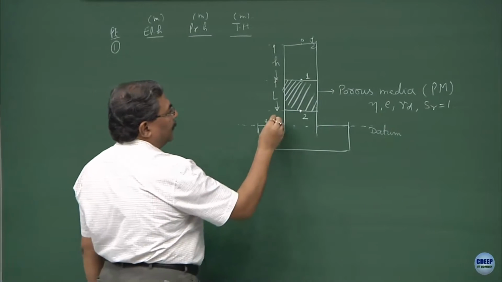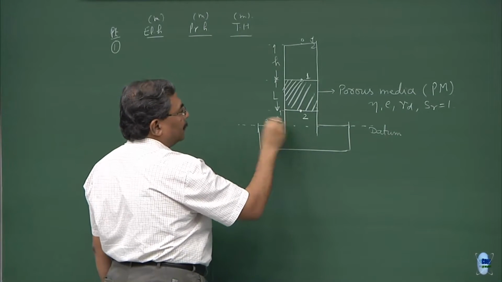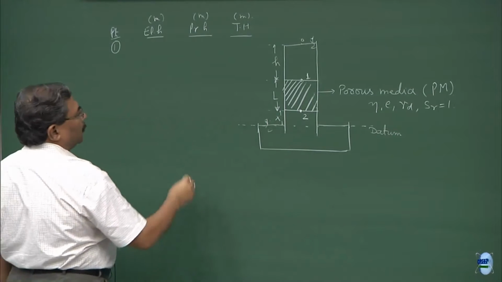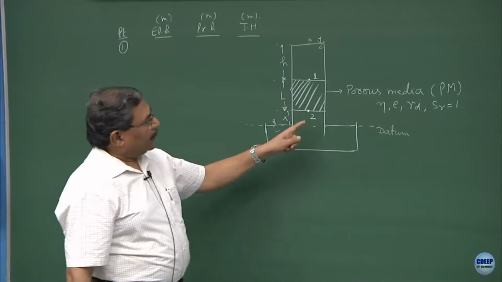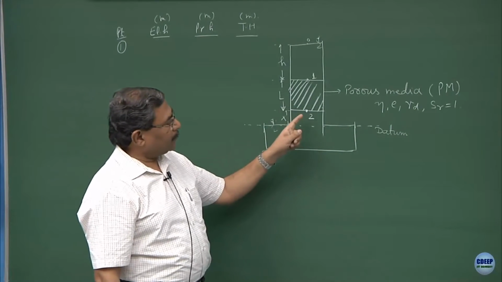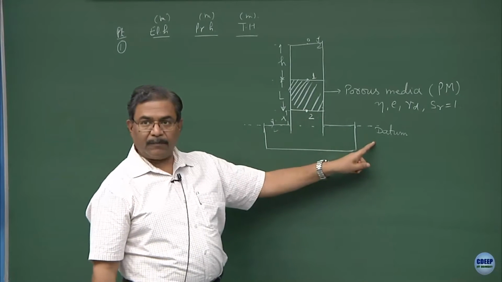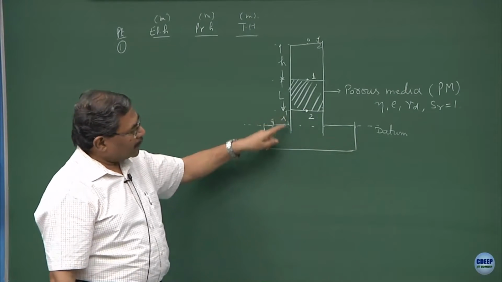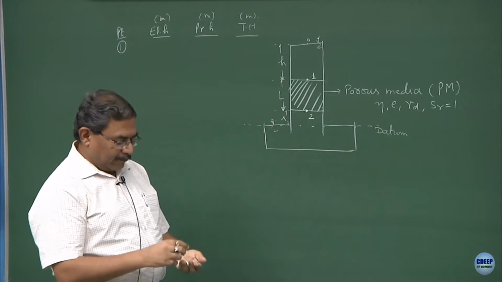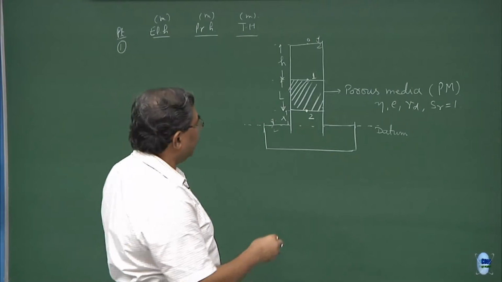and suppose I assume this as x, I am sure you must be realizing that most of the confusion is because of selecting the datum. So, you have to add this x to this. A better way of doing this would be if I shift the datum to point 2.